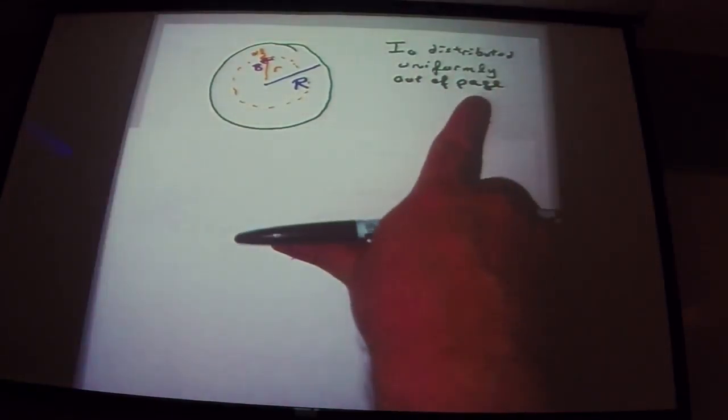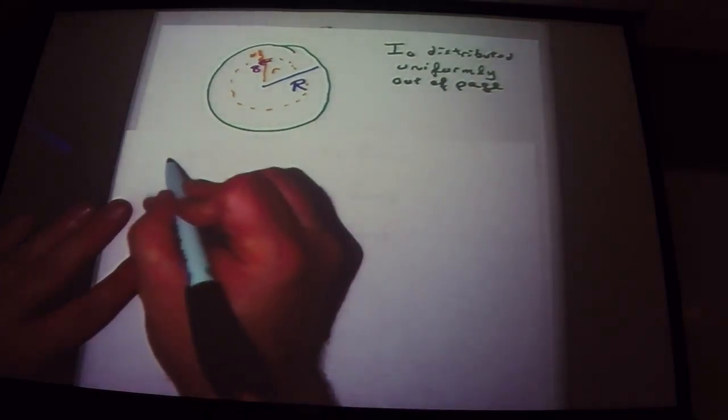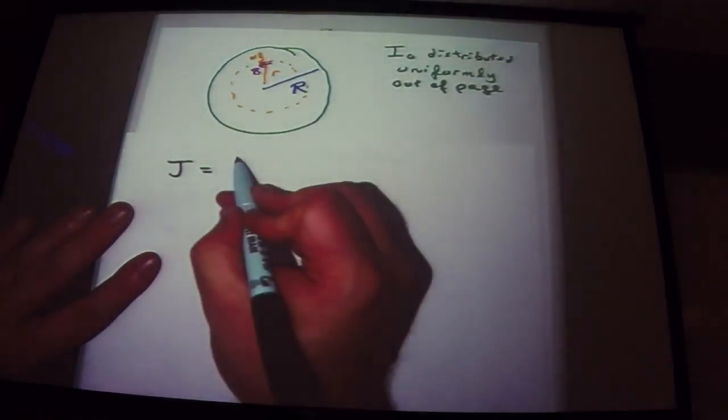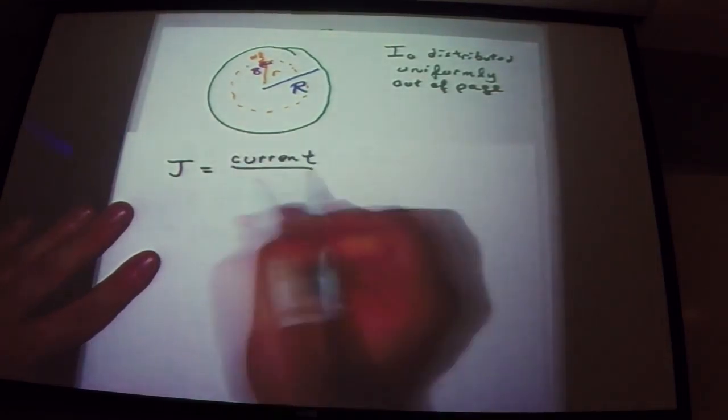All right, since it's distributed uniformly, when we talk about current being distributed uniformly, we're talking about the current density being the same at all points. So what is the current density? Current density is defined as being what? Current over area.